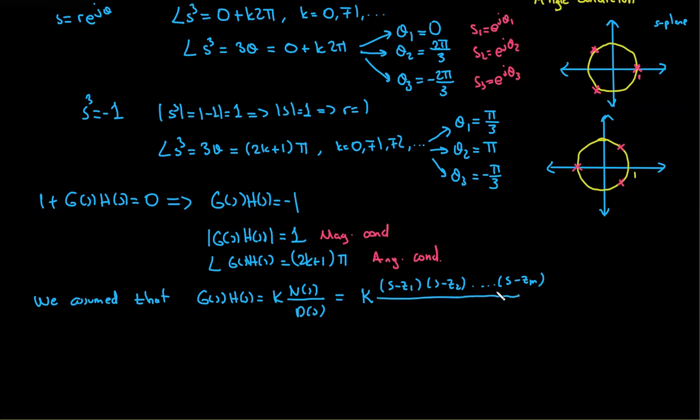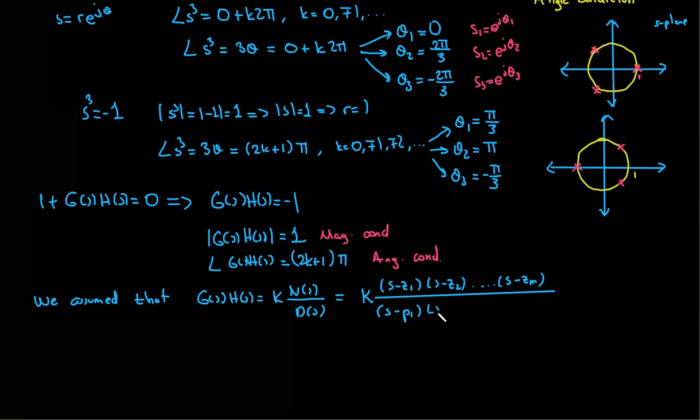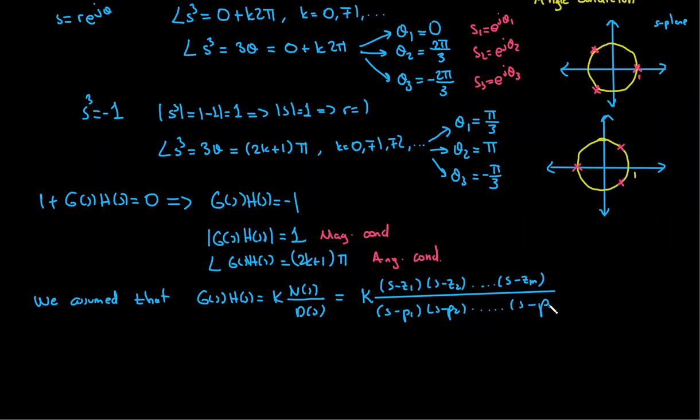And let us have n poles in the open loop transfer function: s minus p1, s minus p2, until s minus pn. These are the open loop zeros, and these are the open loop poles.